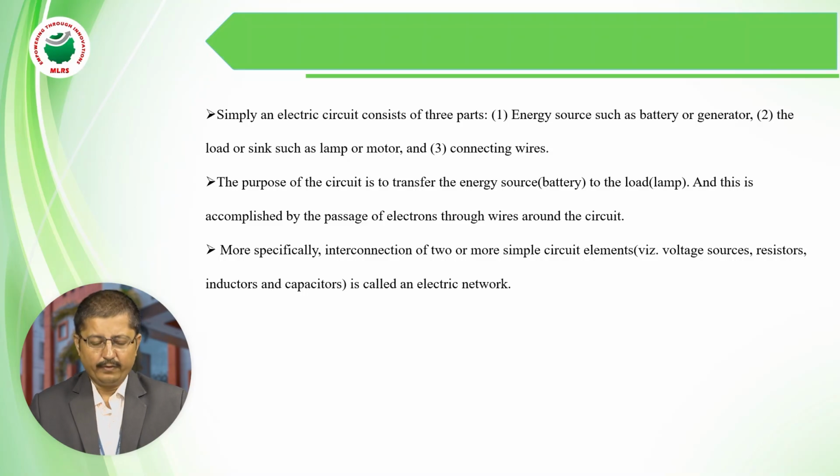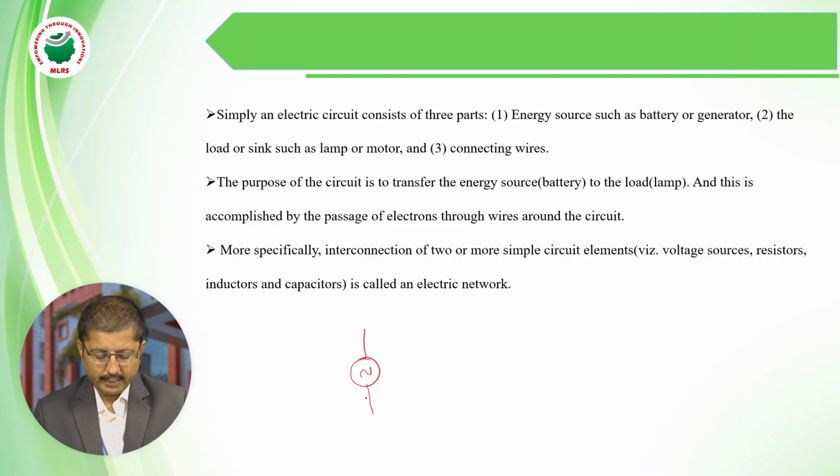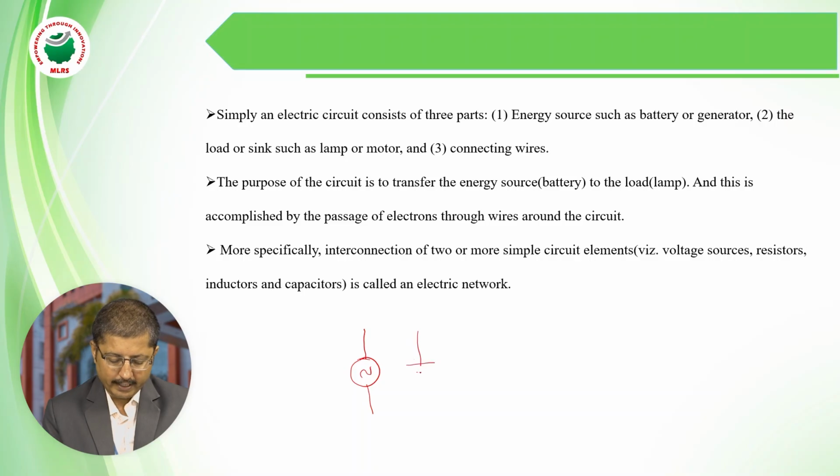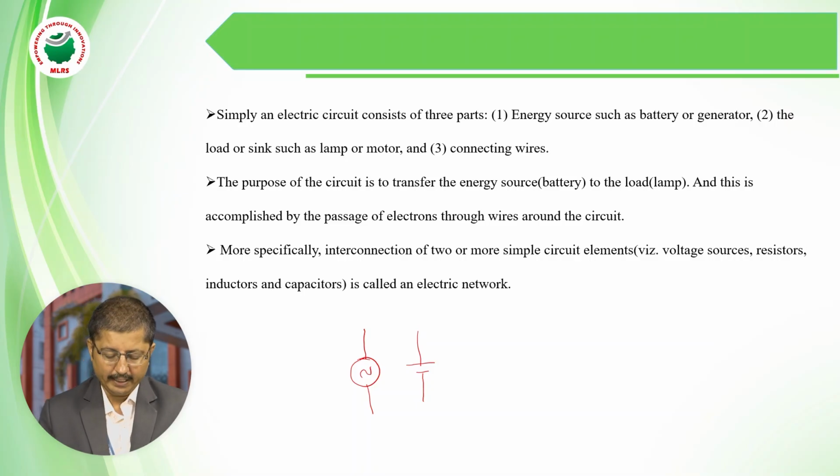Simply, we can say that a circuit consists of three major parts. The first one is the energy source. The energy source may be AC or DC. We can say a battery, or generators. These are connected to a lamp or motor by means of connecting wires.